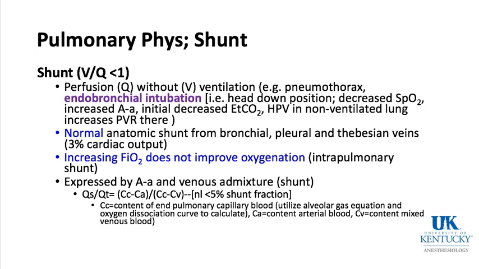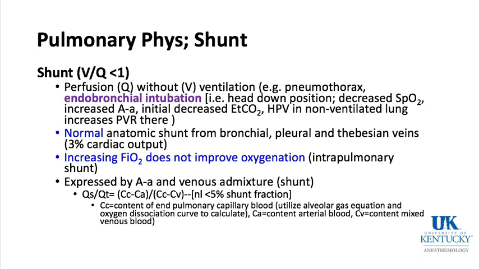Initially, you'll see a drop in end-tidal CO2 because you're delivering the full minute ventilation to only one lung. And hypoxic pulmonary vasoconstriction in the lung that's not being ventilated is going to increase pulmonary vascular resistance overall. The normal anatomic shunt is only about 3% of the cardiac output through the bronchial, pleural, and Thebesian veins.